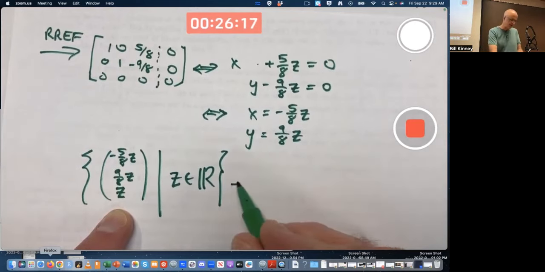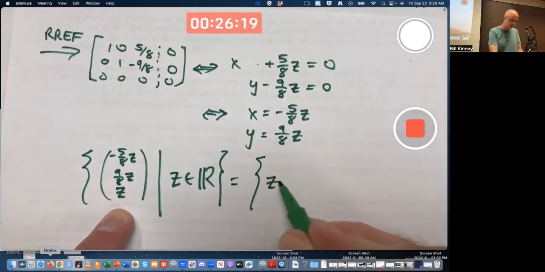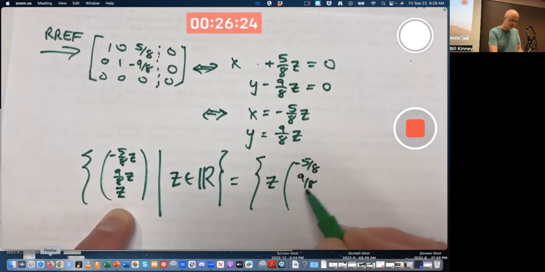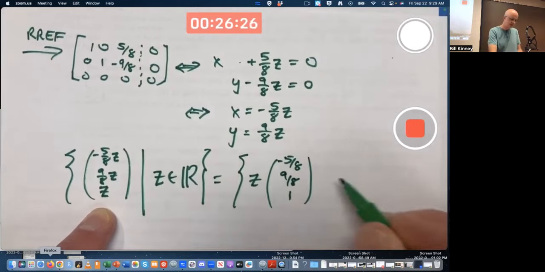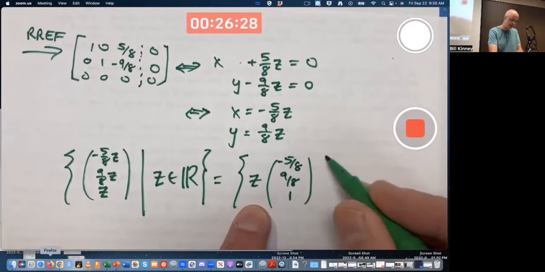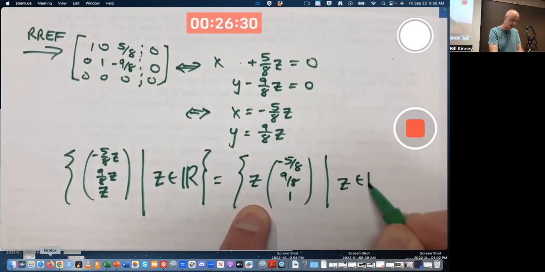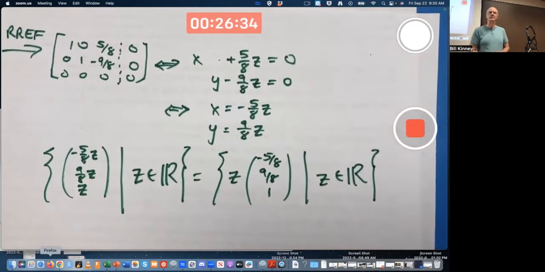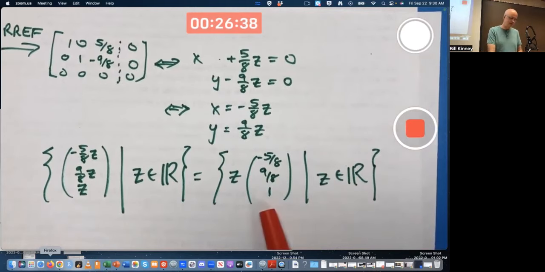You also could factor the z out, like this. The set of all vectors of this form such that z is a real number would be another way to write the parametric vector form. It's also okay to multiply this constant vector by any non-zero scalar.